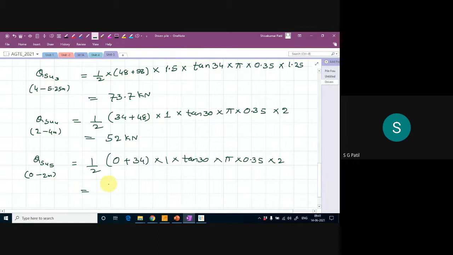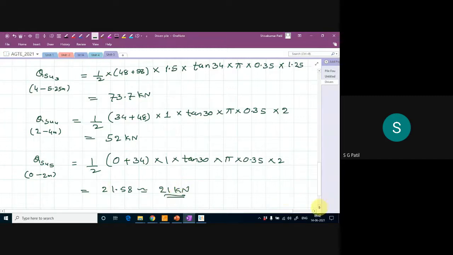Tell me how much you are getting. 21.58, so 21.5. I will consider it as 21 kilo Newton.